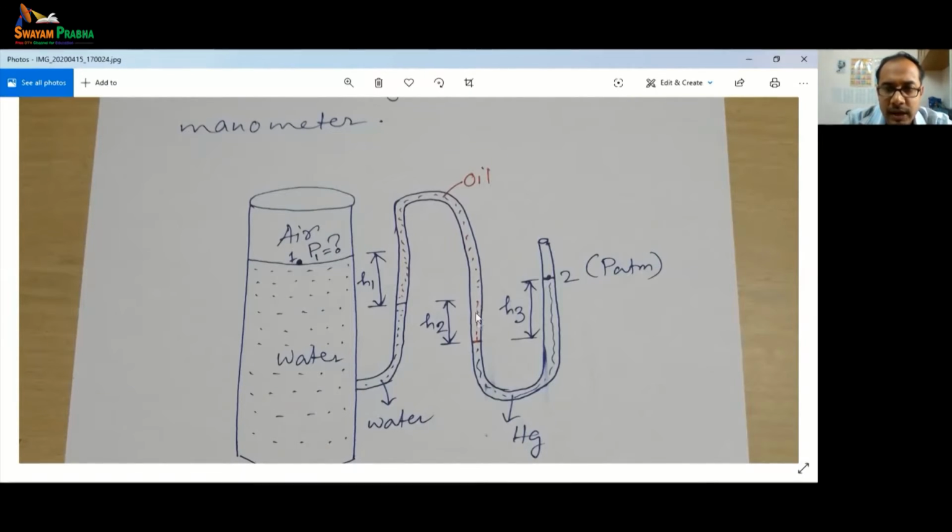Again, from the same height where the mercury column starts, the height is given by H3. So these values are given, the densities are given. Now we have to find out the gauge pressure for air.